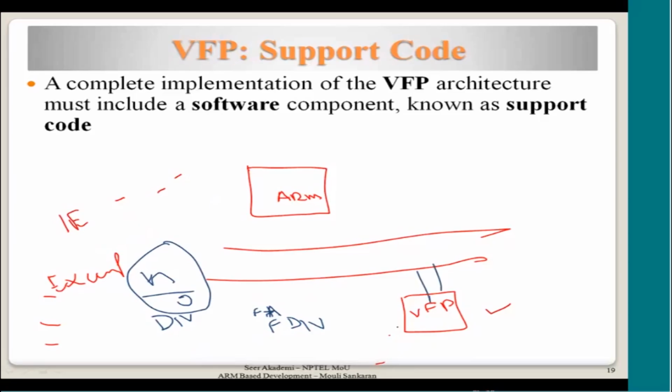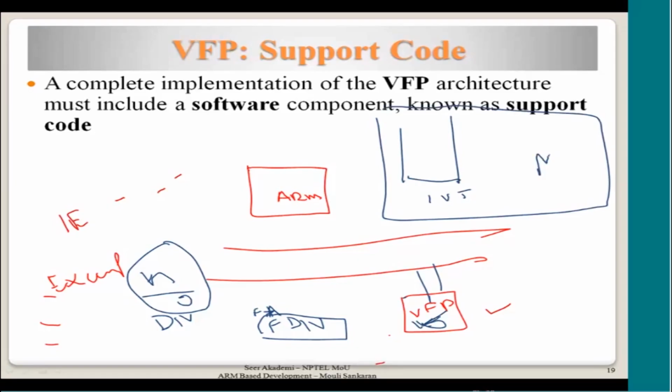Now see who executed this instruction. The fdiv instruction was done by the vector floating point processor, but it has encountered an error condition. It should bring whatever has happened in the vector processor to the notice of ARM. So how does the exception handler work? You know that the vector table is there, in the memory.